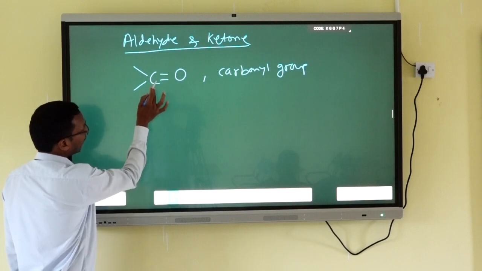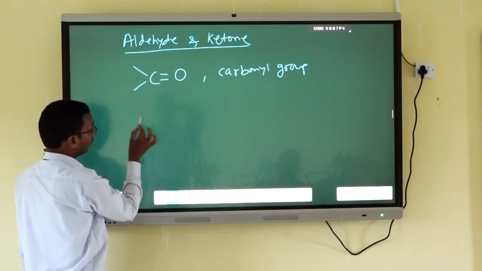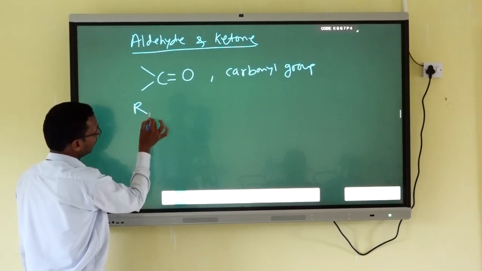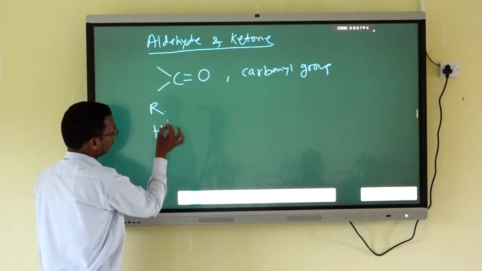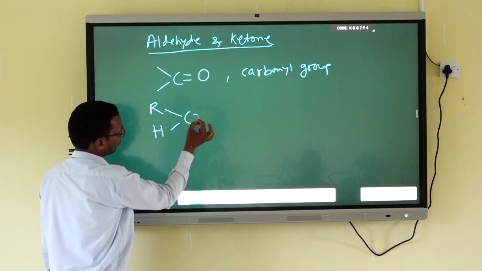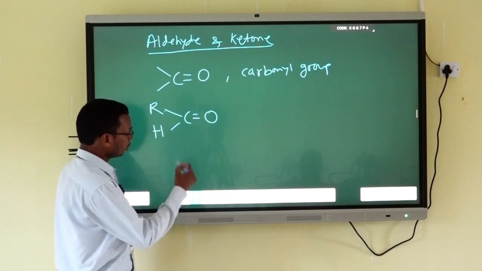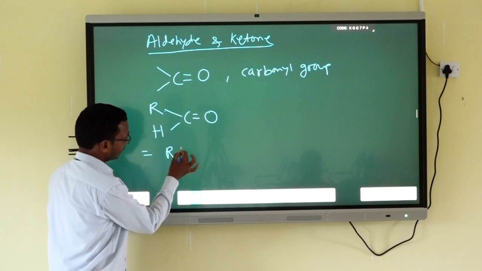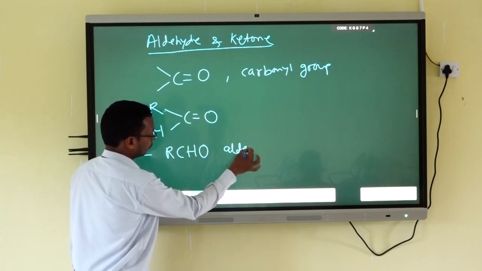Listen carefully. When the carbon atom of the carbonyl group links with one alkyl group and one hydrogen, then the new compound is RCHO, which is called aldehyde.